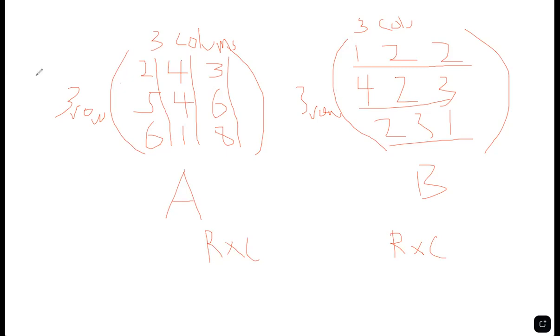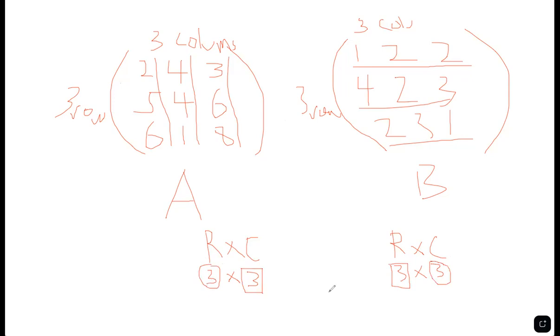So row here is 3, column is also 3. Row here is 3, column is also 3. Meaning the column of matrix A should be equal to the row of matrix B. And the row of matrix A and the column of matrix B show in what form the final answer should be.